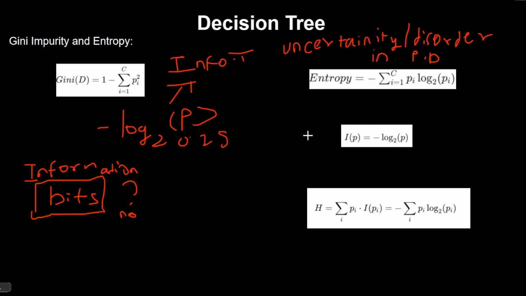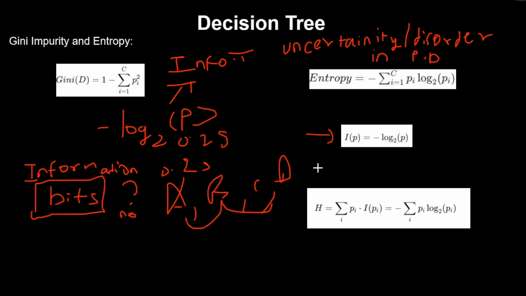Now that we know the formula of the information, in the previous example every probability is 0.25, which is not the case everywhere. Different classes have different probabilities, let's say 0.3 or something. So we need to take the weighted average.